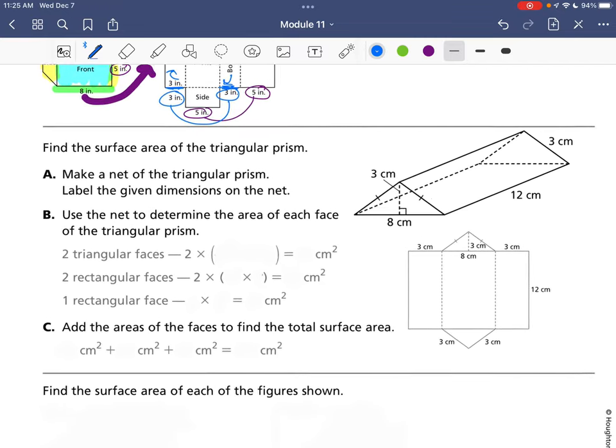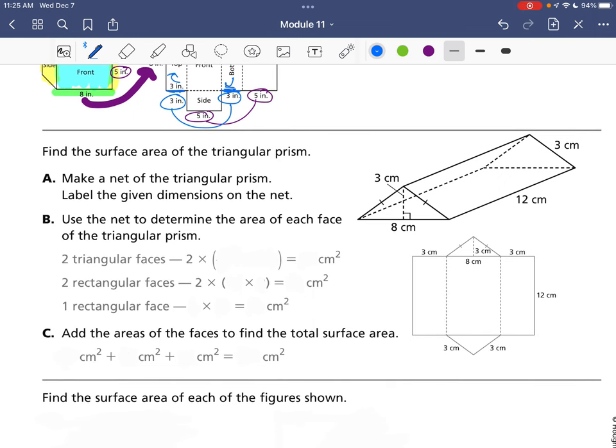All right, find the surface area of the triangular prism. So first, make a net of the triangular prism. Label the given dimensions of the net. So we have our bottom base here. That is 8 centimeters. So we're gonna have that here. And I'm gonna try and color code this as much as I can.